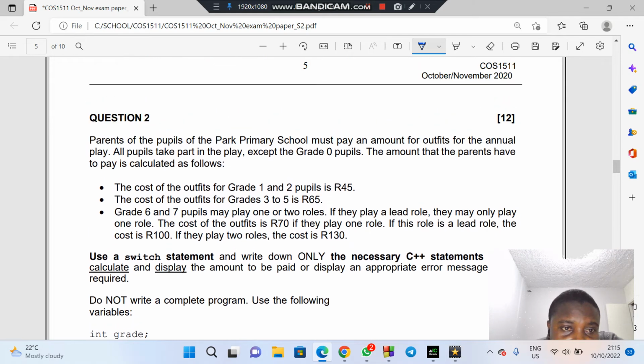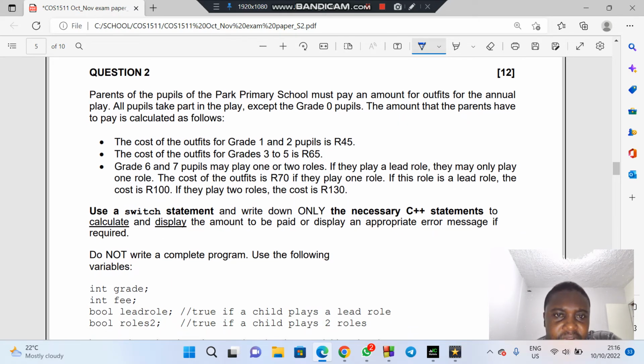So here are the conditions that we are given. The first one, you are given that the cost of the outfits for grade 1 and 2 pupils is 45 rand. The cost of the outfit for grade 3 to 4 is, okay, this is the most important thing when we're answering this question before we proceed. You see here the root and here.